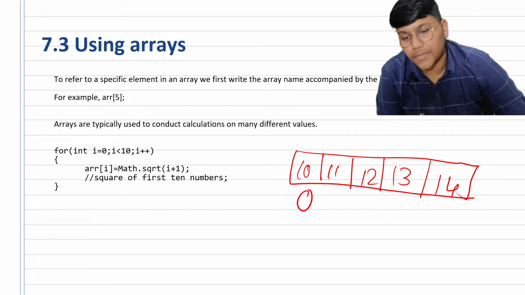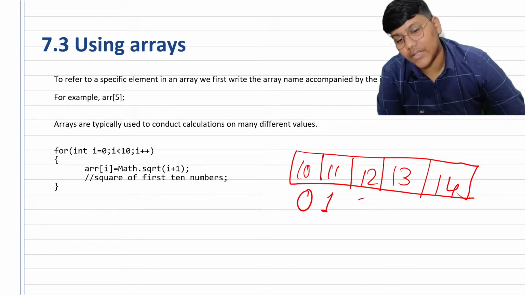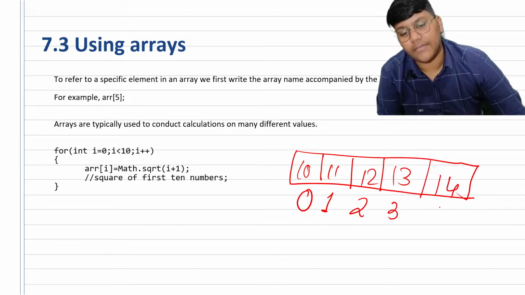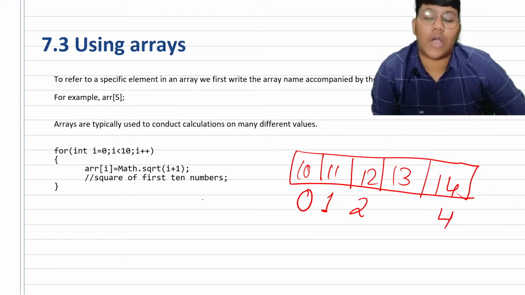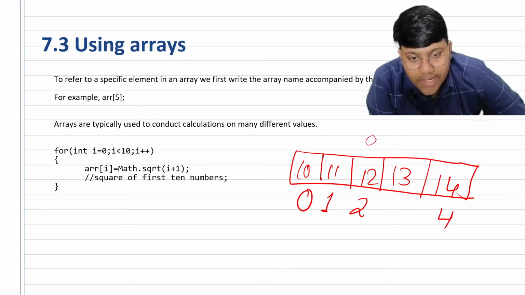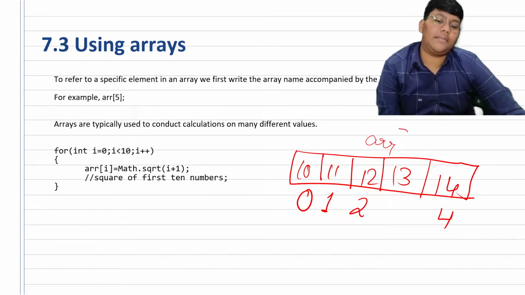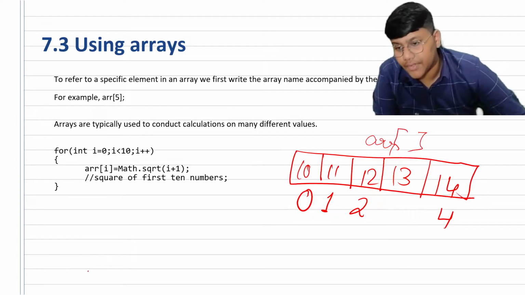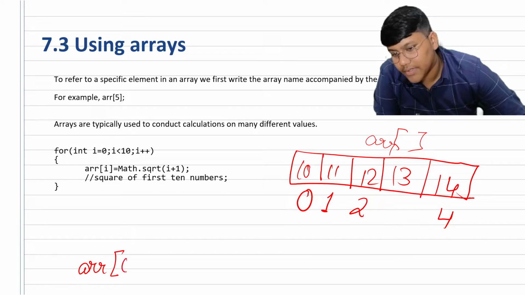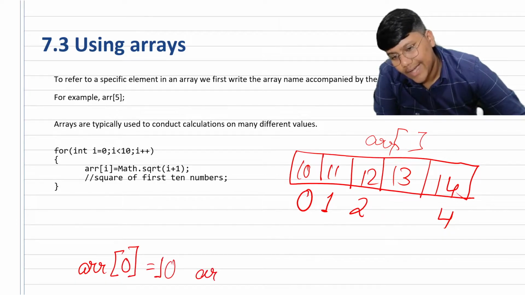So the index of the first place will be 0, second will be 1, third 2, fourth 3, and fifth 4. If ARR is the array name, we refer to ARR 0. So the value of ARR 0 is 10, ARR 1 is 11.